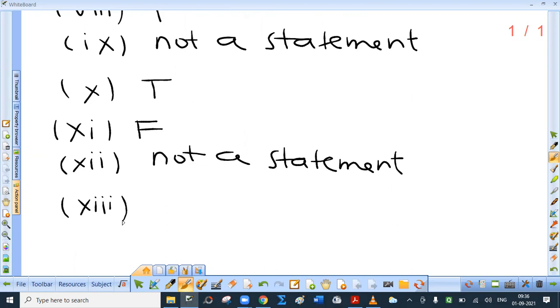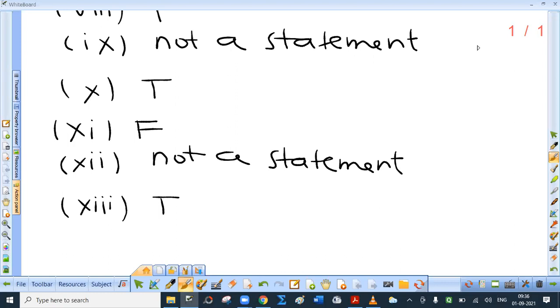Next: x square minus 6x minus 7 equal to 0 when x is 7, is it? Yes, it is. So it is a statement which is true. Hence, its truth value is T.